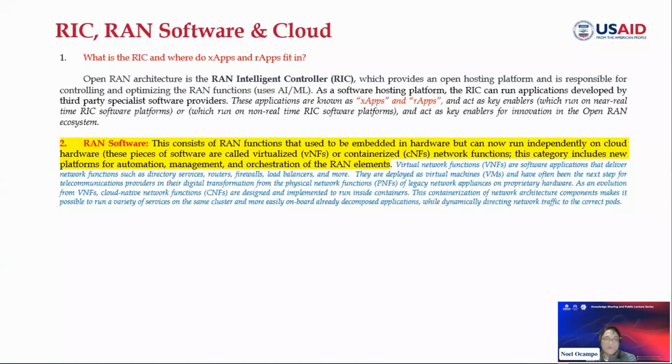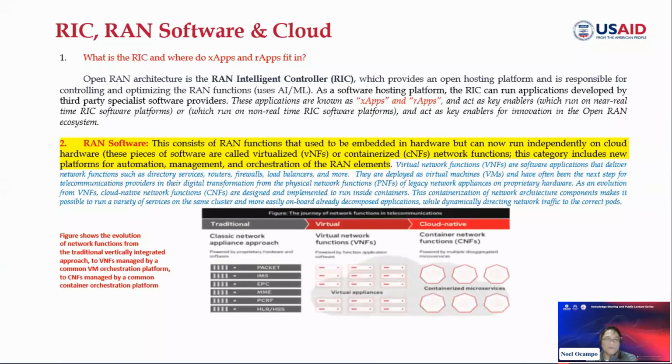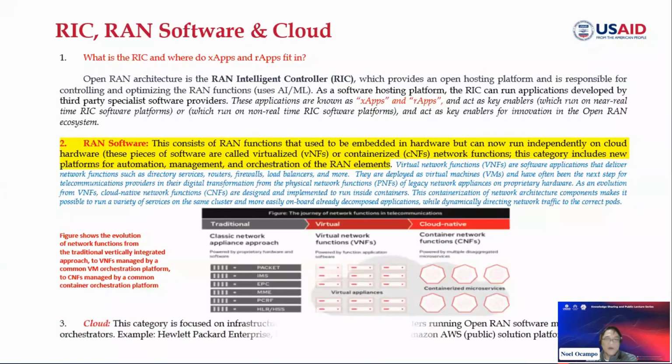In order to visualize how we evolved from the traditional function: before, the approach was a traditional RAN, so everything is supplied by the vendor. It's a network appliance approach, and it's a captured market by a single vendor, right? Because they supply everything from the hardware up to the software.